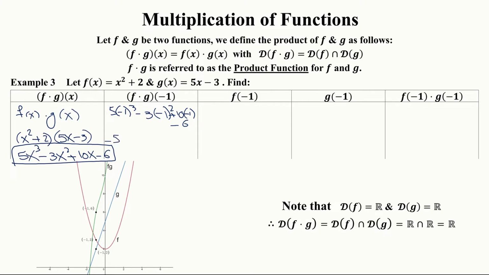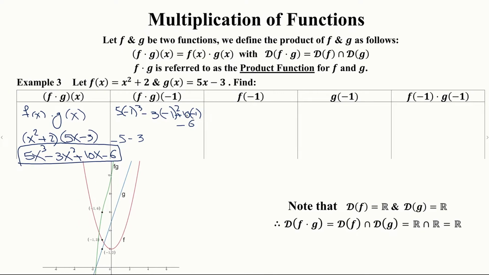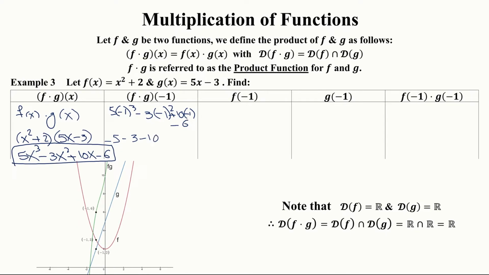Now -1 squared in the next term is just 1, so -3 times 1 is just -3. Positive 10 times -1 is minus 10, and then minus 6. So they're all negative, so we just add them and keep the negative sign. So 8, 18, 24, -24.